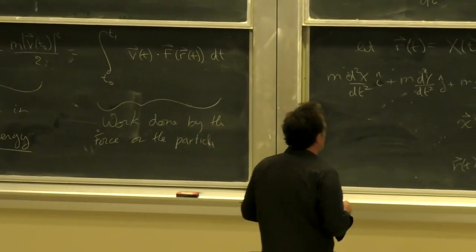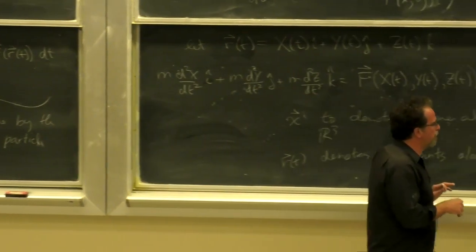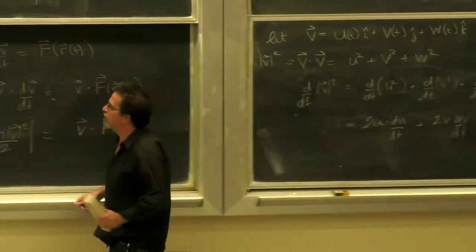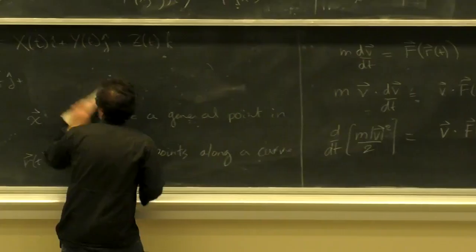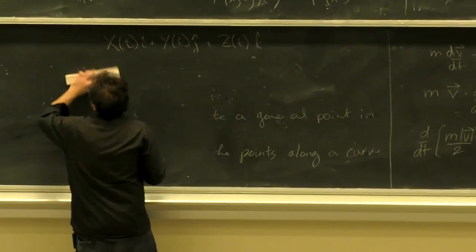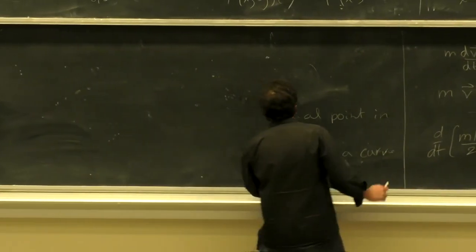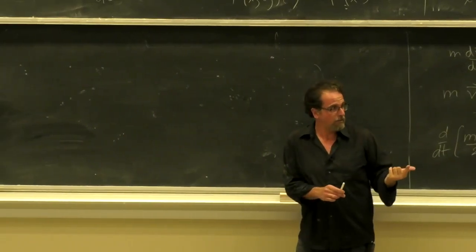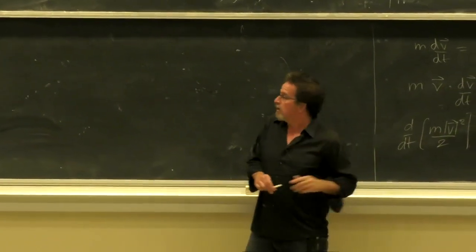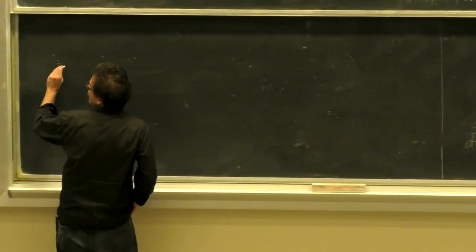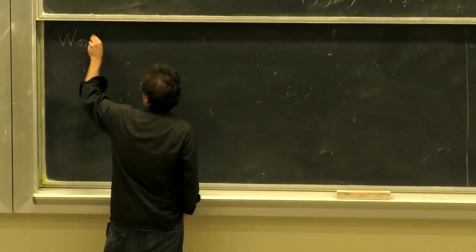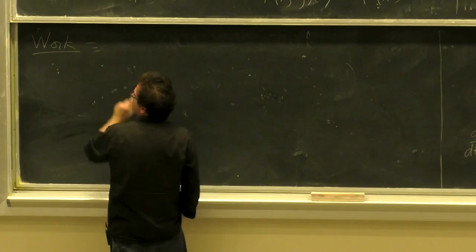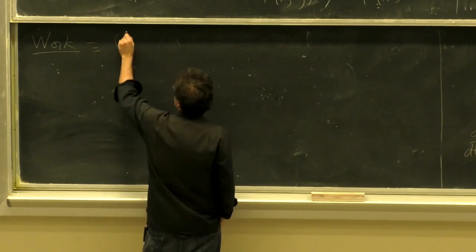So let me look at that line integral in a couple of ways. You'll notice that hidden in that line integral is v vector. So let's say the work here, on the right-hand side, is defined as the integral from t0 to t1.